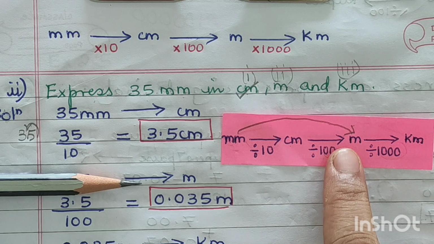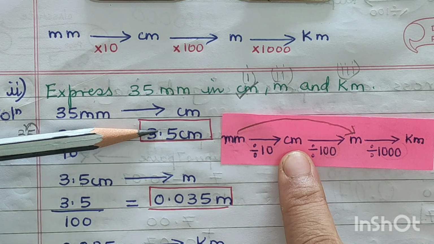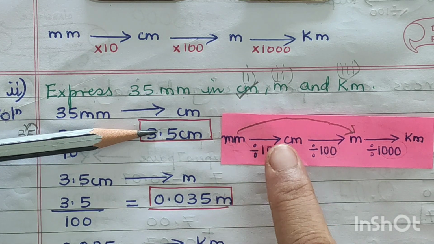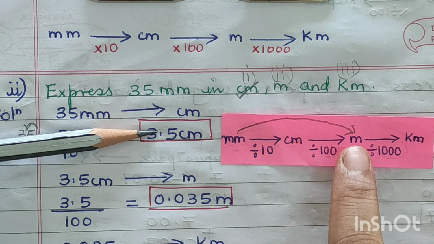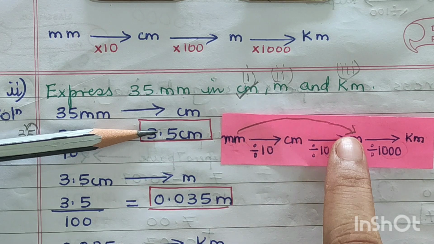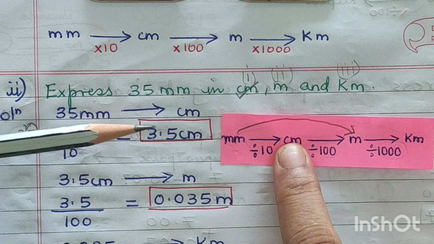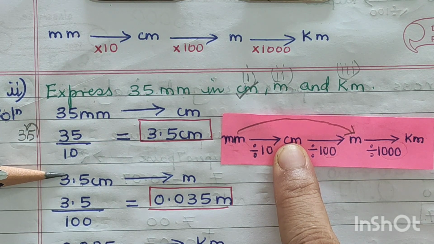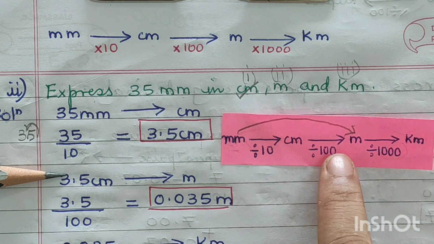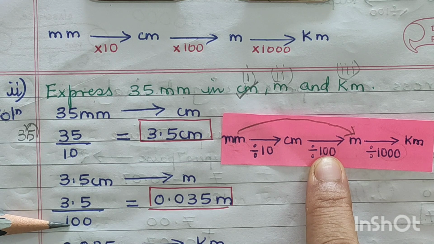But what I have done is take the value we converted to centimeters, 3.5. Already we have moved from millimeters to centimeters. What little we had to do was convert centimeters to meters. So I wrote 3.5 centimeters and divided that number by 100 to reach meters.